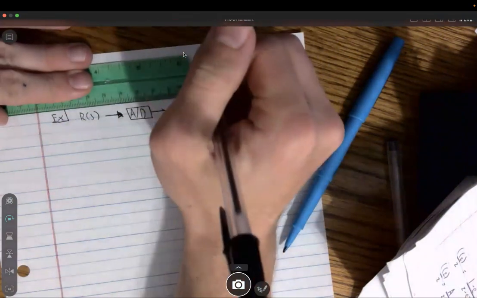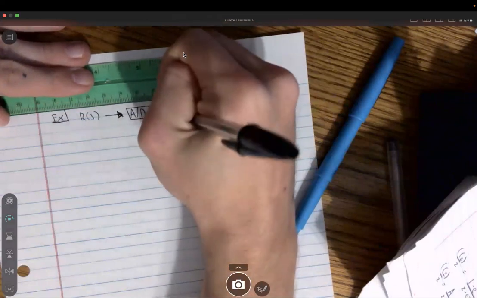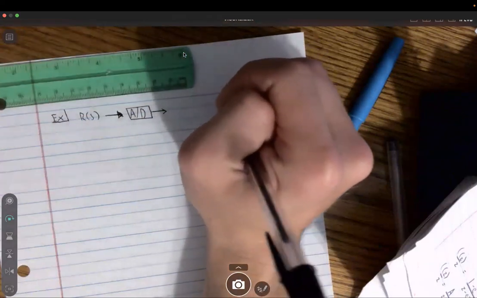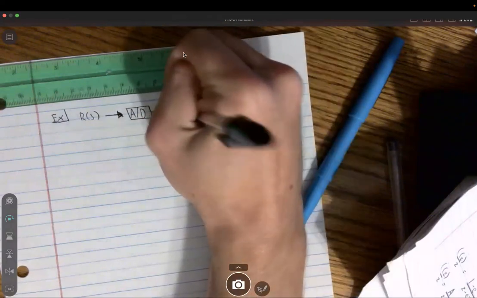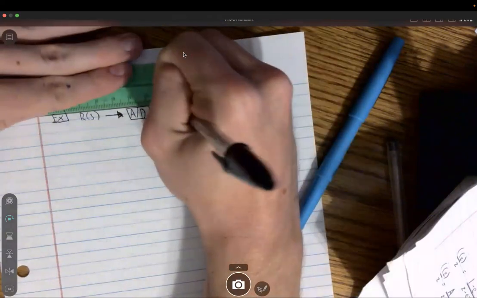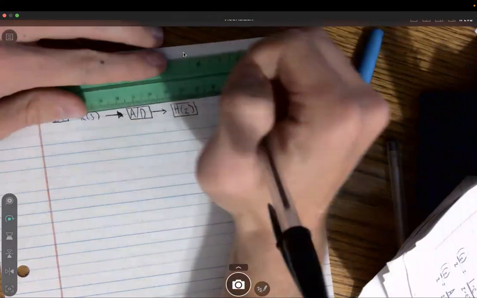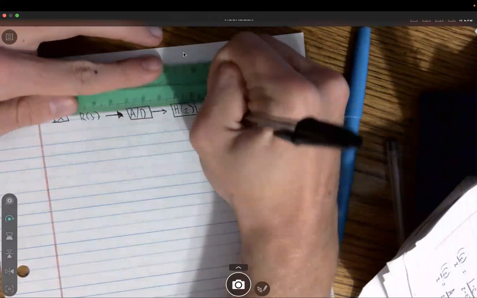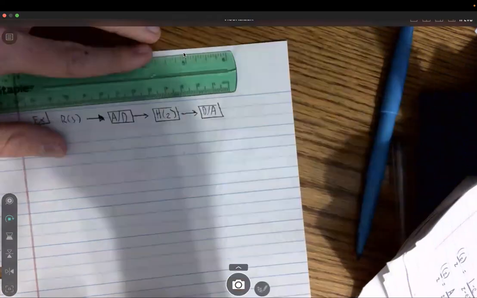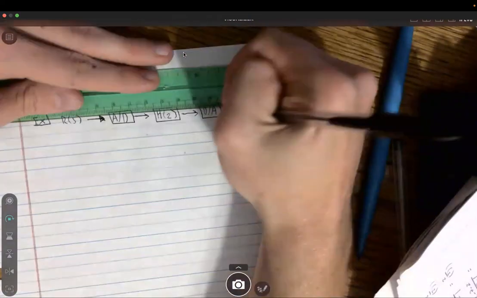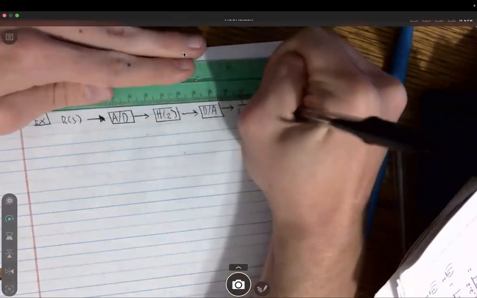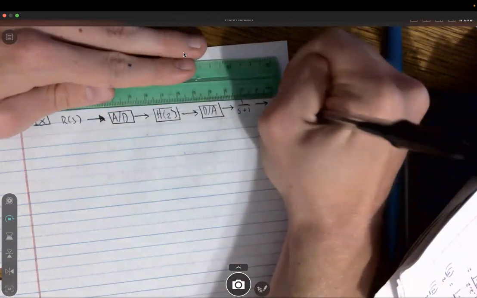I always call it DZ, but here they call it HZ. But usually it's called DZ for the filter. And then we go through our digital to analog converter. And then we finally go through our plant transfer function to get our output, which is C of S. Remember, in controls, it's usually C of S.